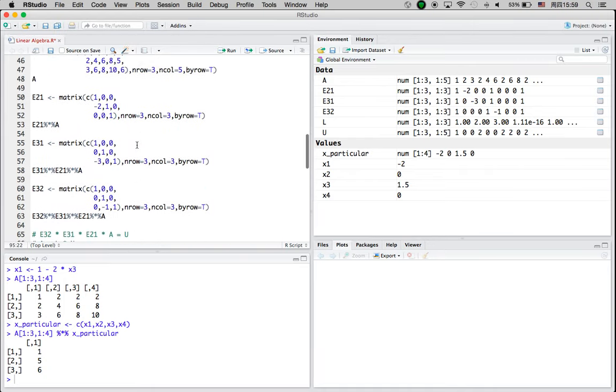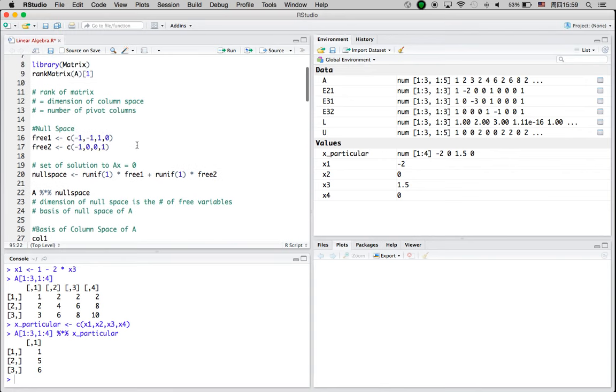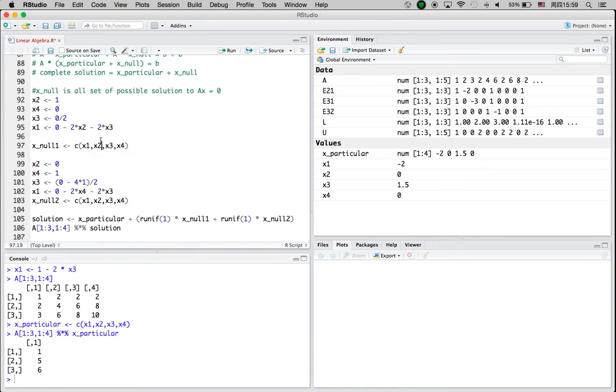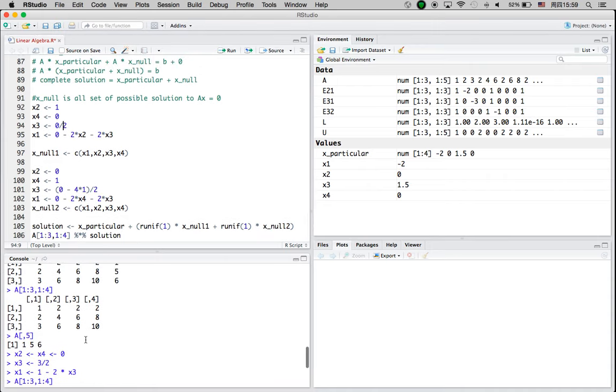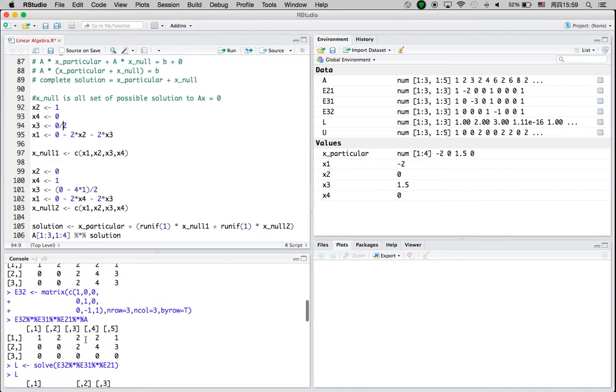By using the same technique we used over here to calculate the two free variables, we set one free variable to 1 and 0 to the other, and then we can calculate from this function here.